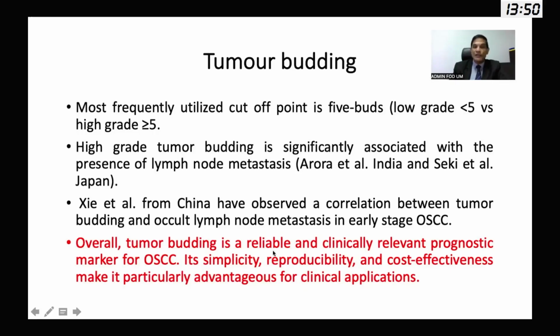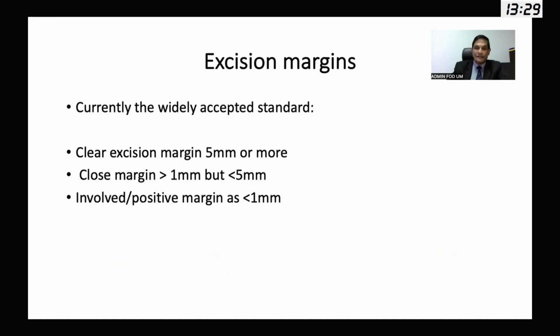Therefore, tumor budding is a reliable and clinically relevant prognostic marker. Its simplicity, reproducibility, and cost effectiveness make it particularly advantageous for clinical applications in our part of the world. So I invite pathologists from Pakistan and this part of the world to embark more on research on these very significant histopathological parameters, yet we don't use them to good effect.